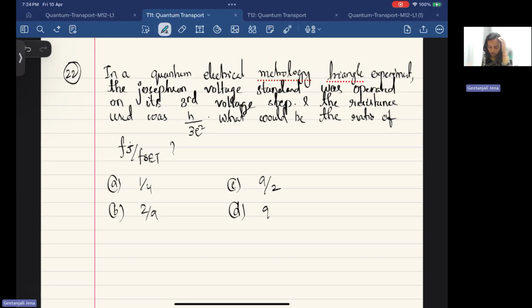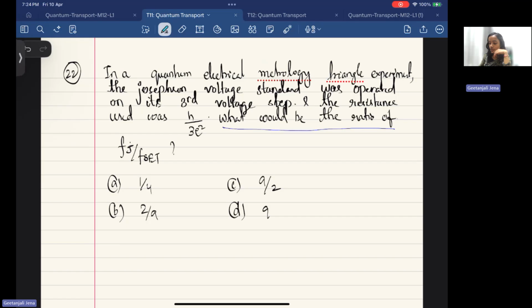Question number 22, a numerical one. In a quantum electrical metrology triangle experiment, the Josephson voltage standard was operated on its third voltage state, and the resistance used was h by 3 e square.